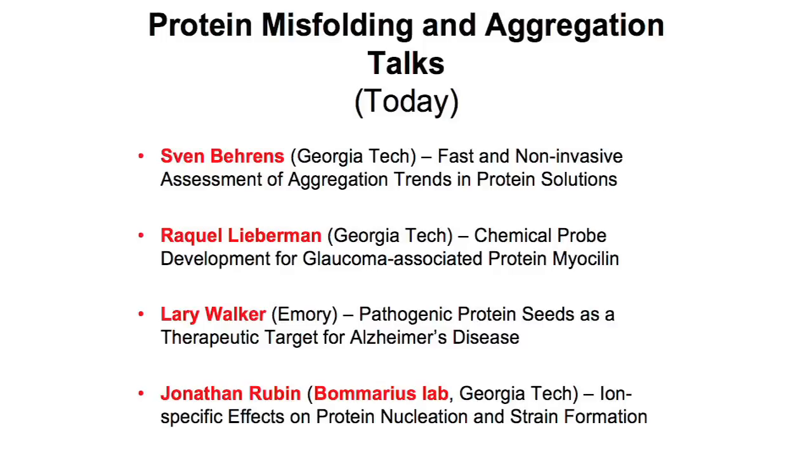Larry Walker will be talking about pathogenic protein seeds as a target for Alzheimer's disease, and Jonathan Rubin from Andy Bamerius' lab, and this work is also a collaboration with Sven Behrens and my labs, will be talking about ion-specific effects on protein nucleation and strain formation. So this is the program of our meeting today.